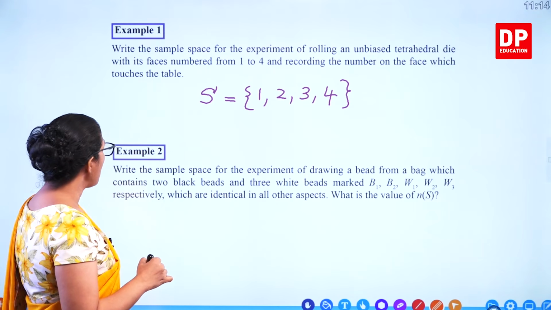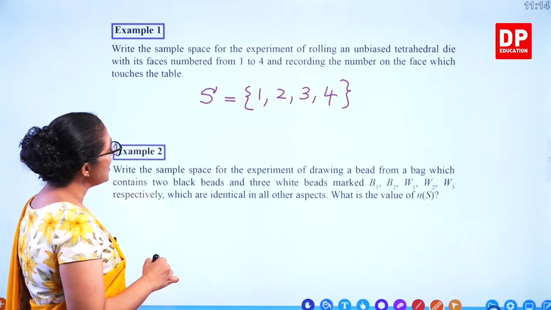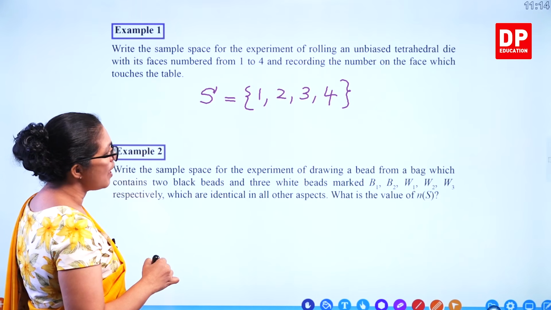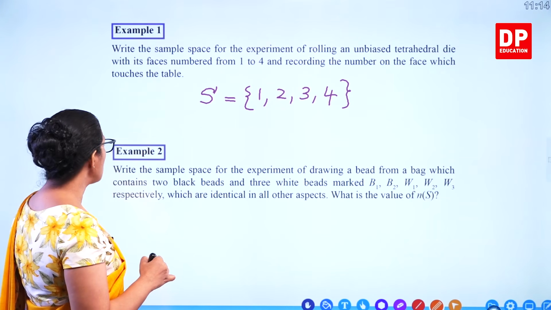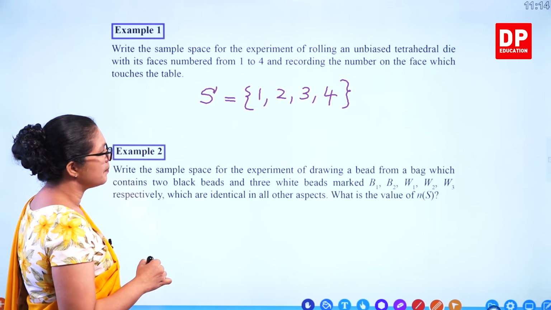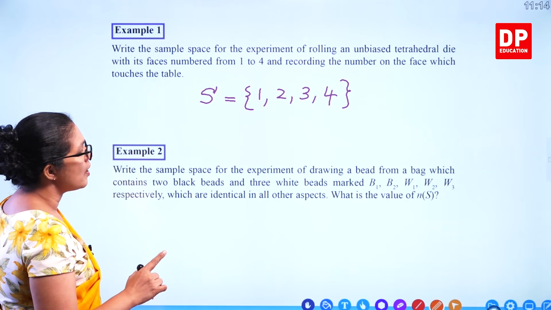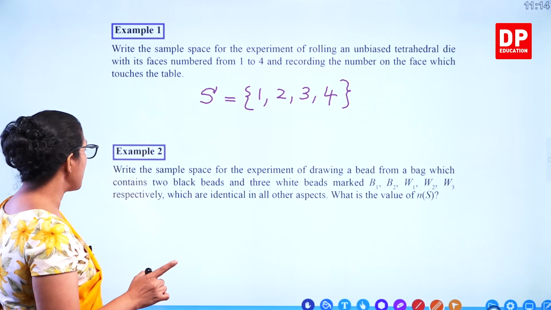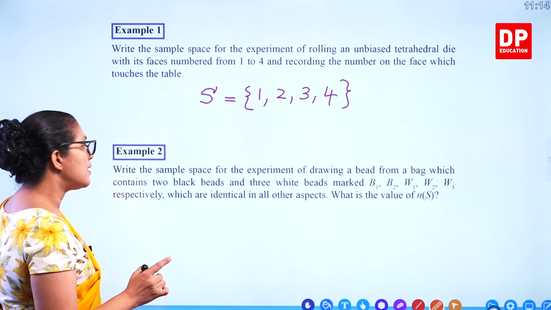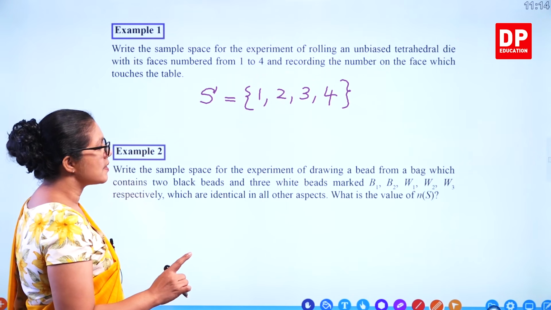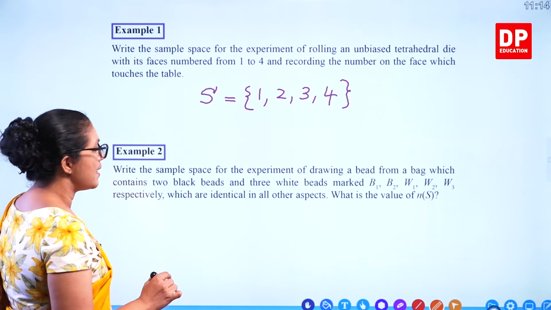Then example number 2, write the sample space for the experiment of drawing a bead from a bag which contains 2 black beads, B1 and B2, and 3 white beads, W1, W2 and W3 respectively, which are identical in all other aspects. What is the value of n(S)?